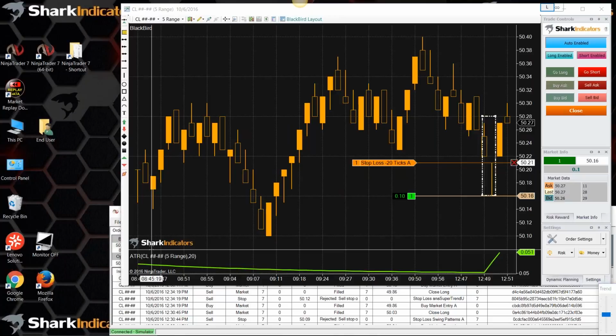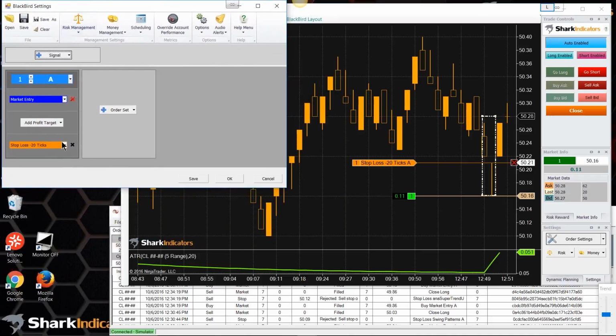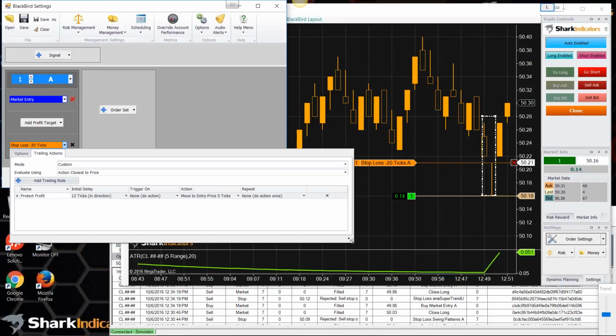All right, so there you go, Frank. And let me just open this up again so you can take a look. So we're in the trailing actions here. There's the 2 key settings here.